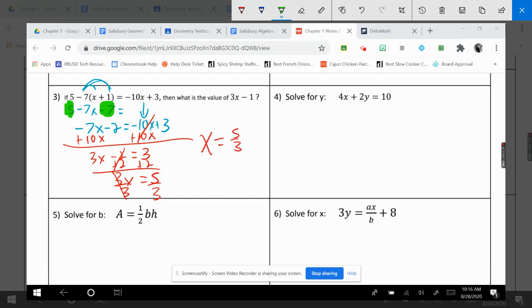But that's not what the question is asking you, really. It actually says, what is the value of 3x minus 1? So just because x is equal to 5/3, that would give us mostly credit. Probably like 2 out of 3 points maybe. Now we have to plug it in. So 3 times 5/3 minus 1.